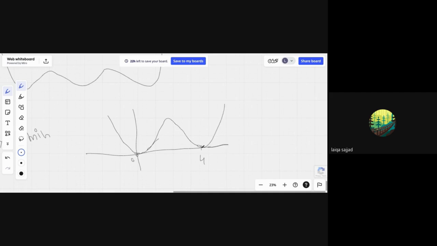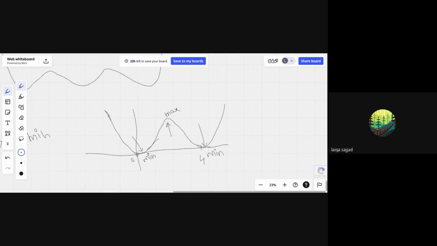So you can see we have got 3 turning points, 1, 2, and 3. The first one is the minimum, then we have a maximum, and then a minimum again. So this is how we do this.